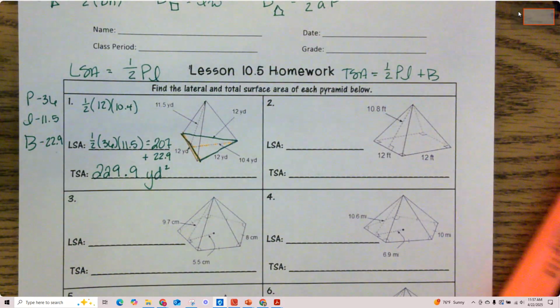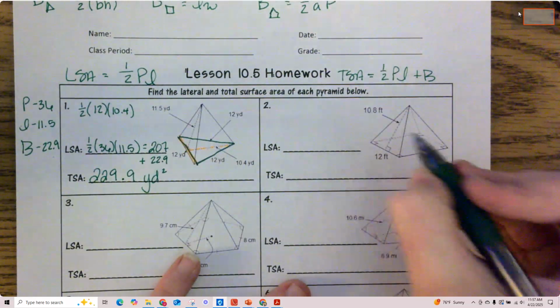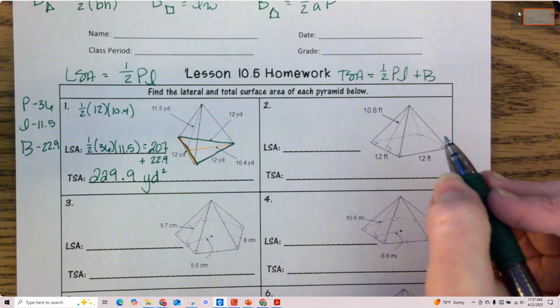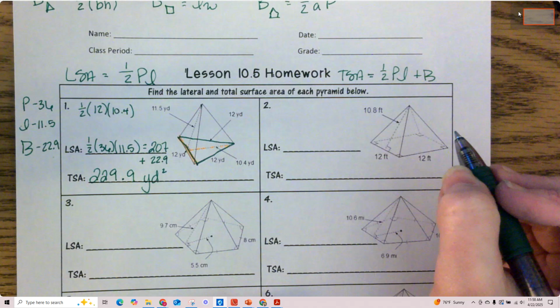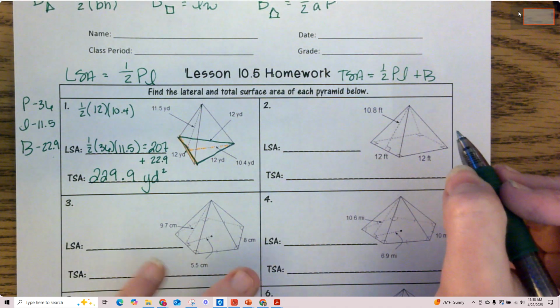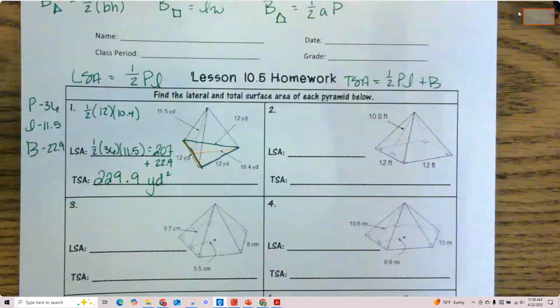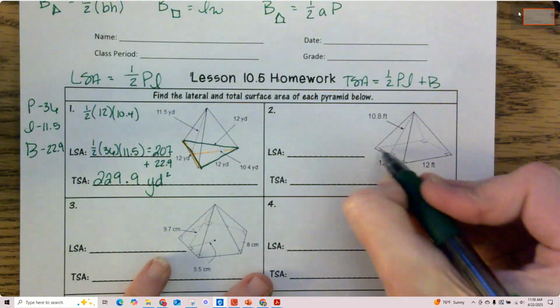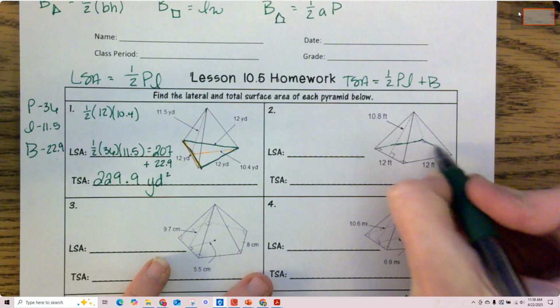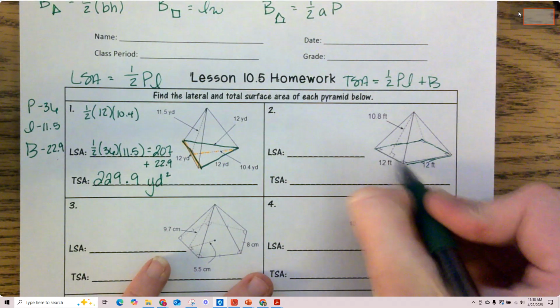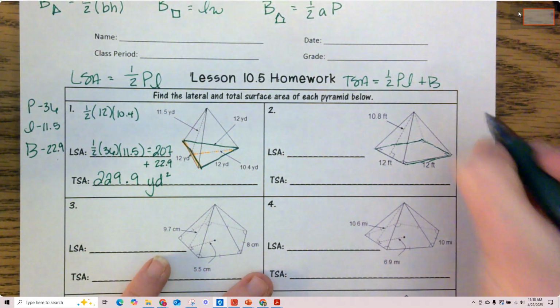All right, if it's a square, any other pyramid except a triangular pyramid, whichever one is not a triangle is the base. Okay? Pyramids, the faces are always triangles. So if you can find the shape that's not a triangle, that's your base.